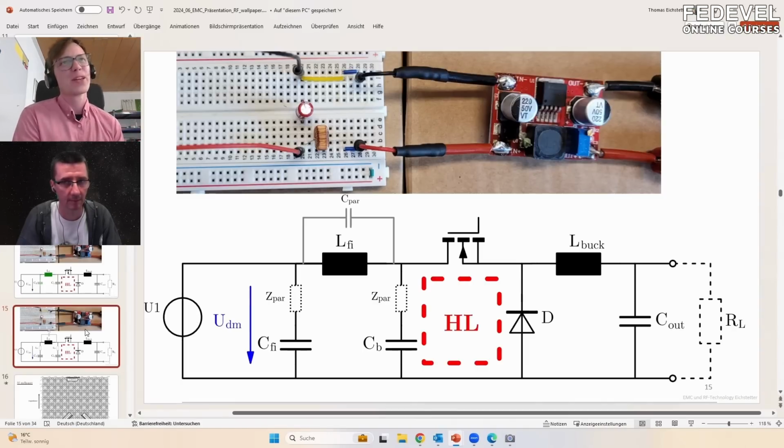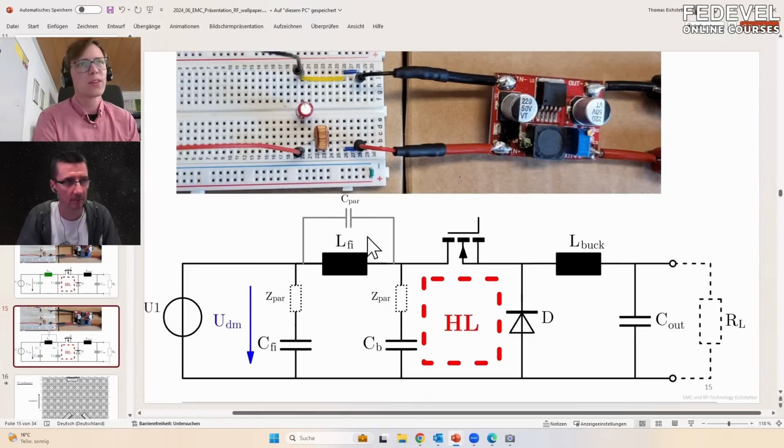And when you have an inductor, you always have a stray capacity between the windings. You know, when you have two plates, it is like you have two different lines side by side, and this is like a capacitor.